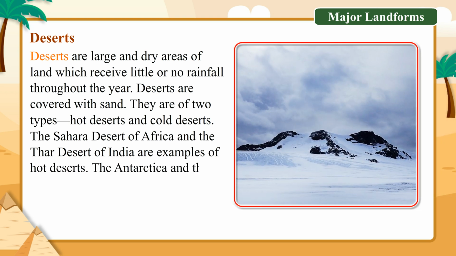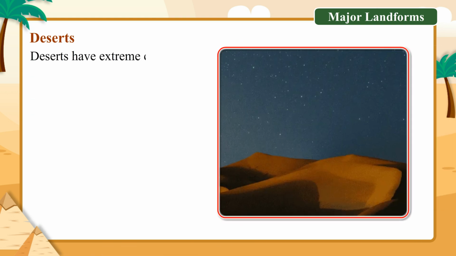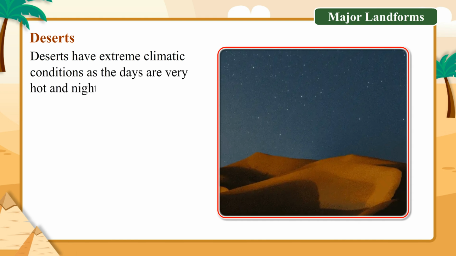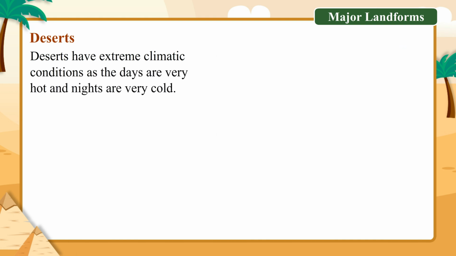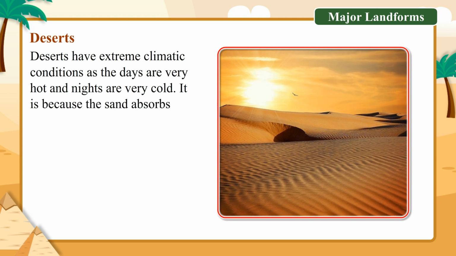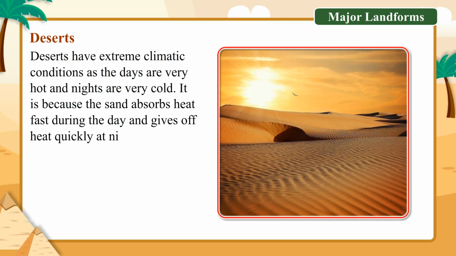The Antarctica and the Gobi Desert of Asia are cold deserts. Deserts have extreme climatic conditions as the days are very hot and nights are very cold. It is because the sand absorbs heat fast during the day and gives off heat quickly at night.